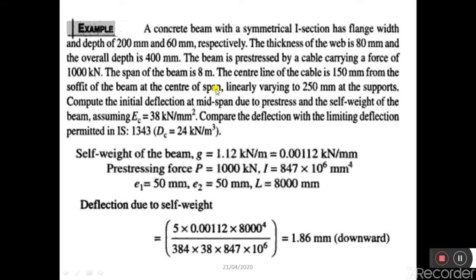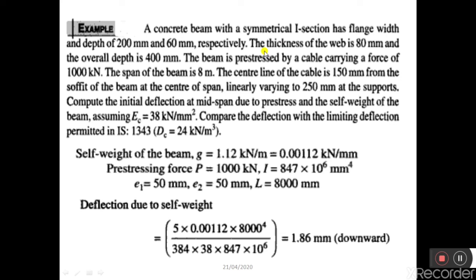In this problem, it is a symmetrical I section beam and the cross section area of flanges and web is given. So here we need to calculate the deflection due to pre-stress and self weight of the beam, and we should check whether the deflection is within permissible limit as specified by IS 1343.